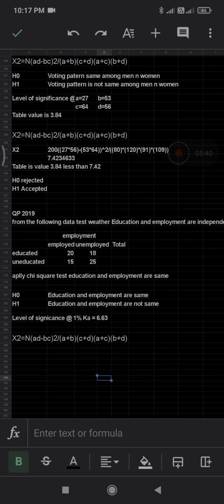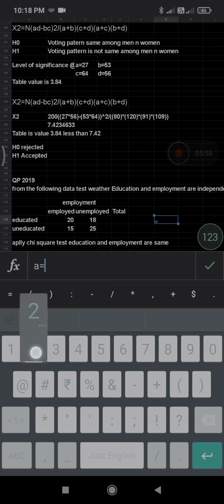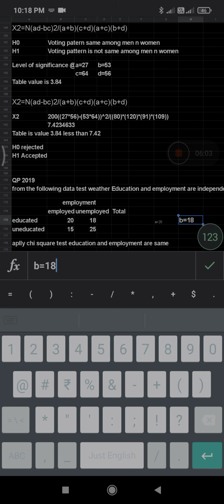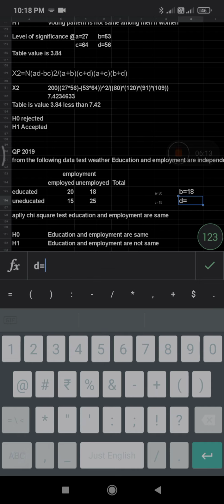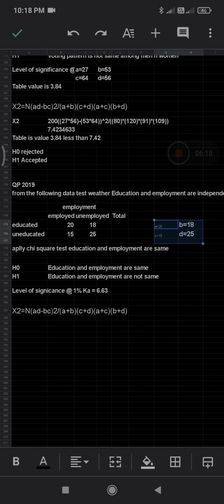Now in the question, A equals 20. I'll write here A equals 20, so that no one will get any confusion. Next, B equals 18, then C equals 15, then D equals 25.